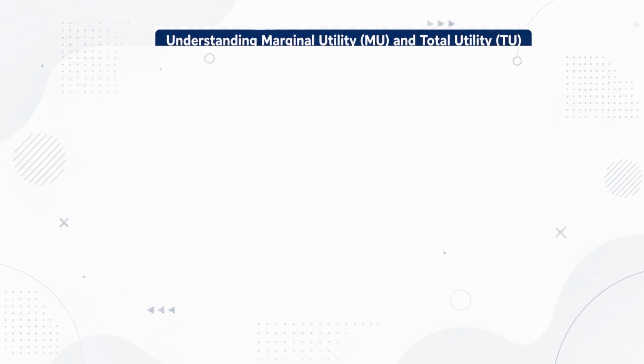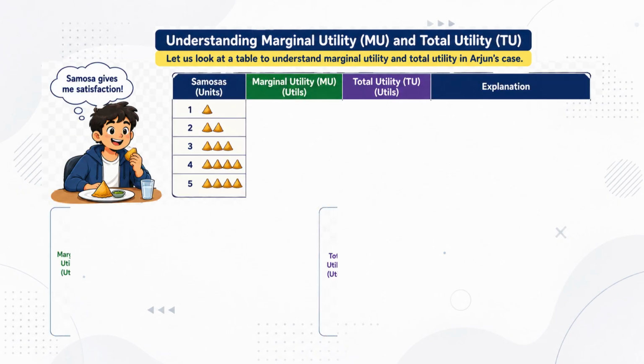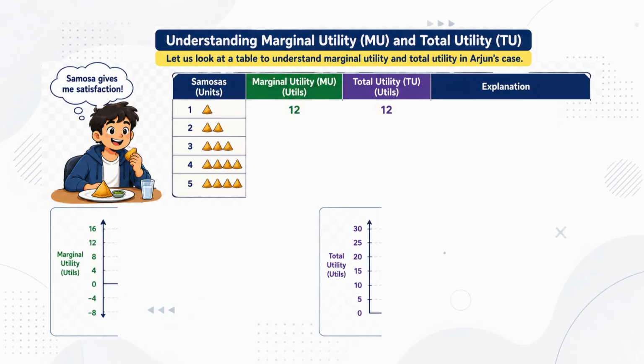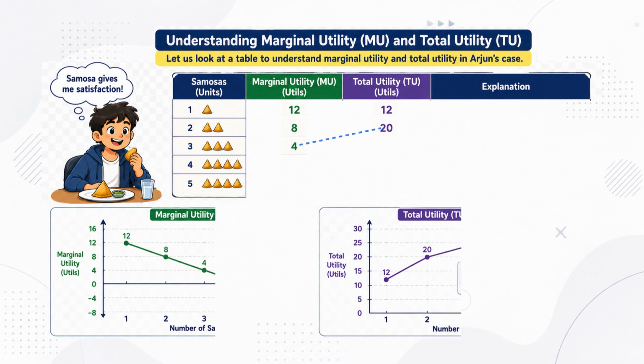Let us look at a table to understand marginal utility, MU, and total utility, TU, in Arjun's case. Note after first samosa, MU equals TU equals 12 utils. After second samosa, MU equals 8 utils. TU equals 12 plus 8 equals 20 utils. After third samosa, MU equals 4 utils, whereas TU equals 20 plus 4 equals 24 utils.